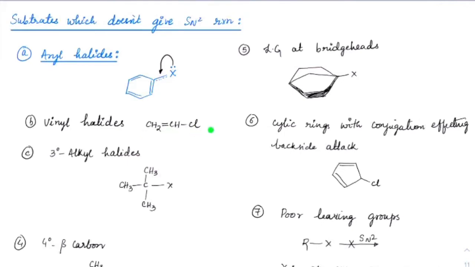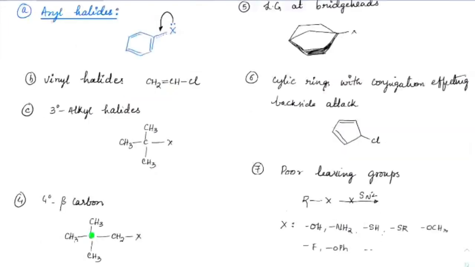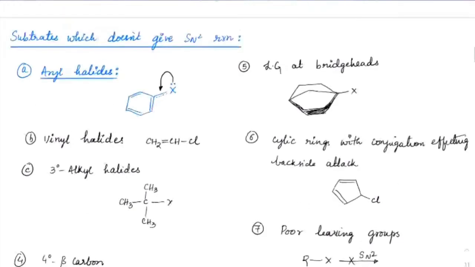Similarly, we checked vinyl chlorides, tertiary halides, and 4-degree beta carbon. At the beta position, if it is a 4-degree carbon, then even though it is at primary position, it does not go for SN2 reactions. We checked for bridgeheads. For bridgeheads also SN2 is not favorable.